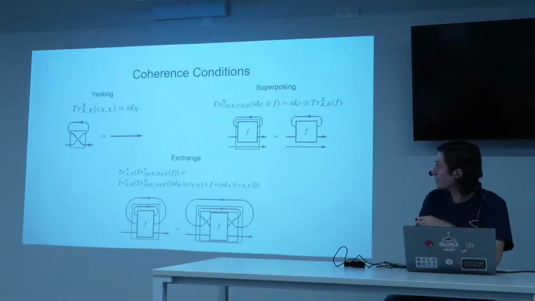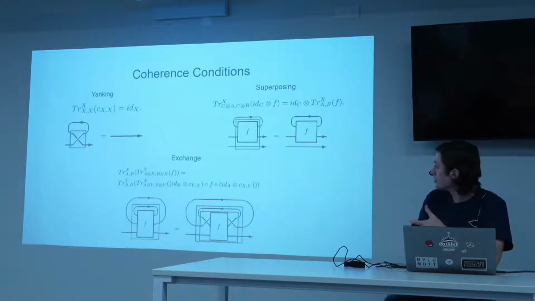And here we've got the final three coherence conditions. We find through yanking how the trace interacts with the symmetry. As you'd expect, if you trace the symmetry, you should get back a very convoluted identity.